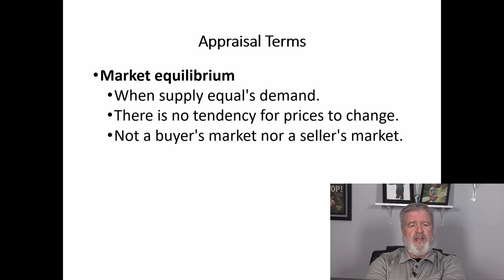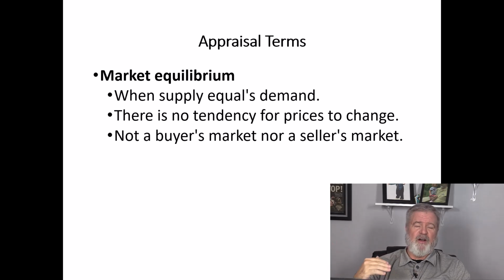You need to understand this term called market equilibrium. And I think that's kind of common sense. Y'all think equilibrium means everything's equal. Supply equals demand. Now, I will tell you, at least in my experience in our market, that's kind of rare. We don't see this a lot, but it means the number of buyers is equal to the number of sellers.